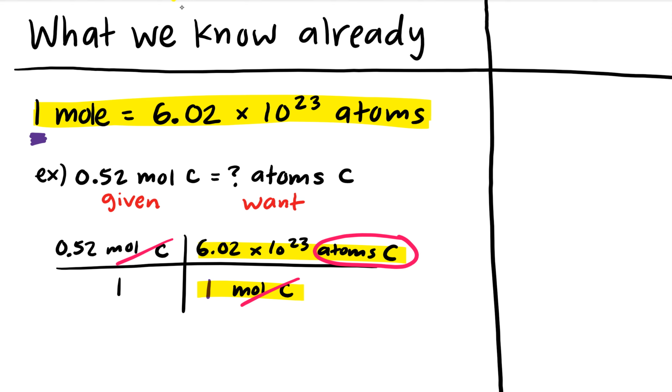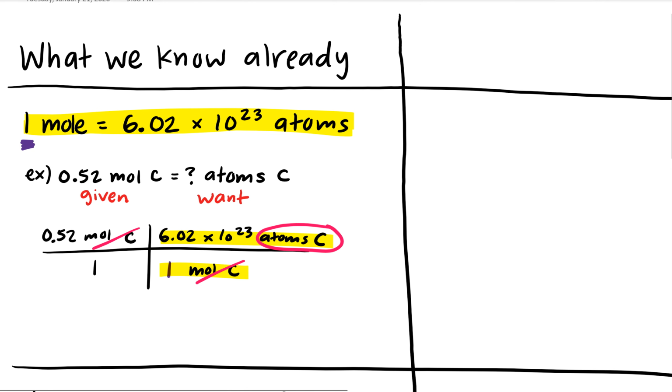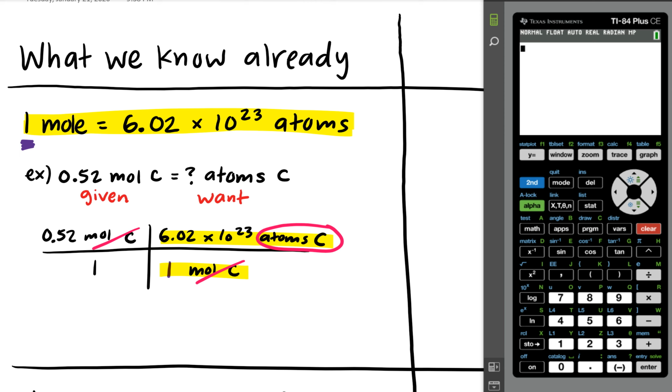So now I stop, I pick up the calculator, and I calculate, remembering to multiply the top row, then multiply the bottom row, and then divide the top by the bottom. So it'll be 0.52 times 6.02 E23, enter, and then on the bottom all I have are 1, so I really don't have to do that division.